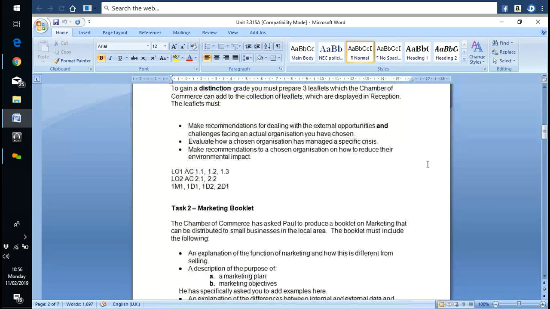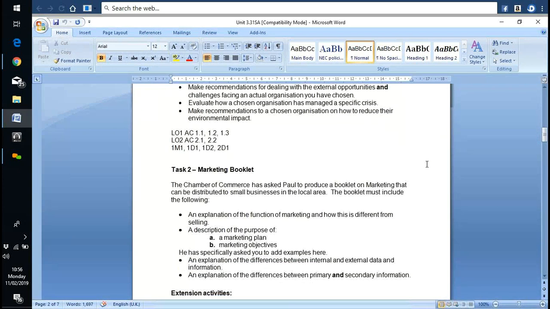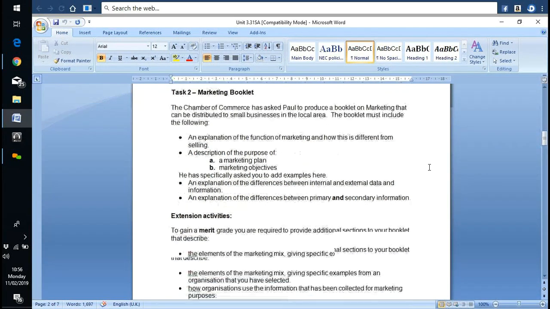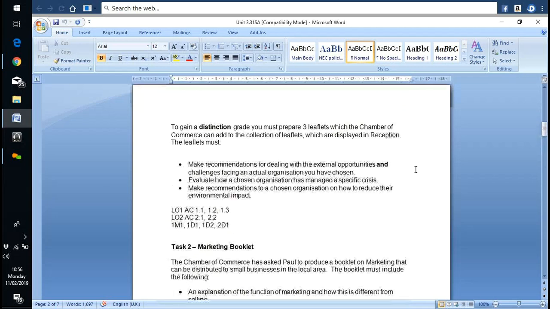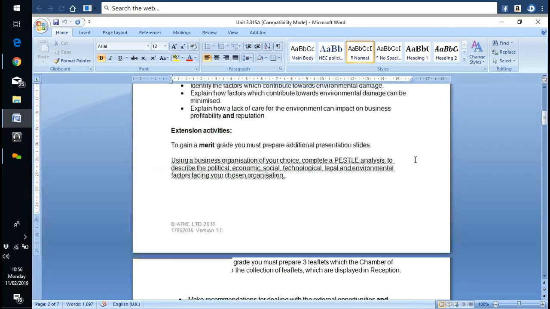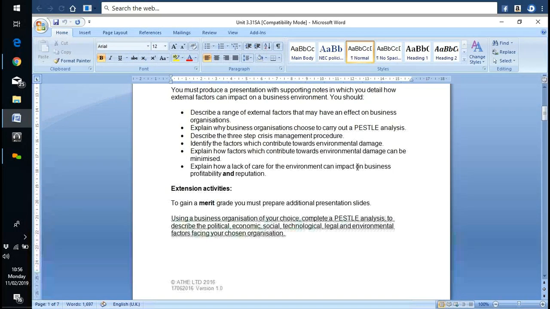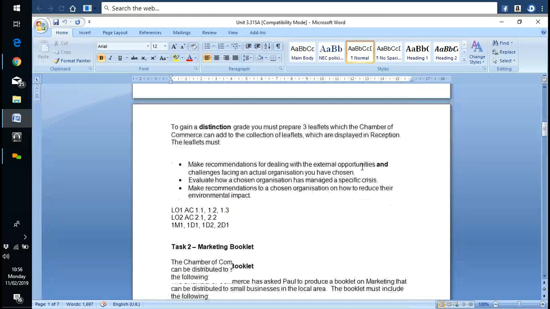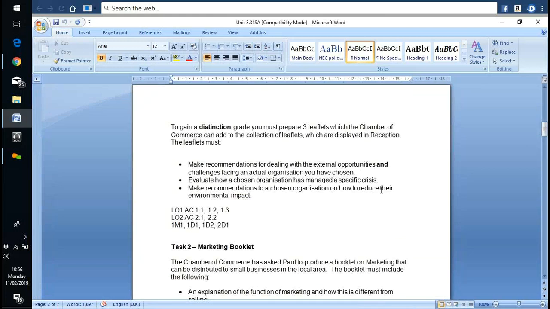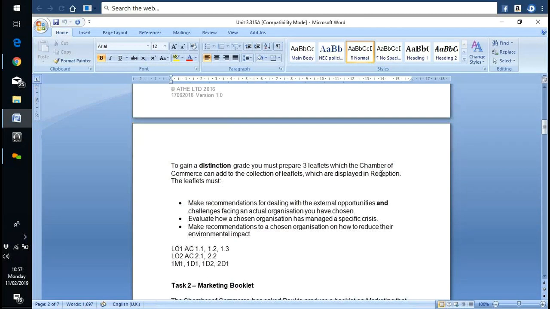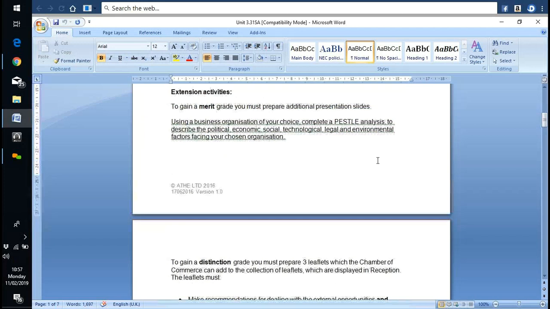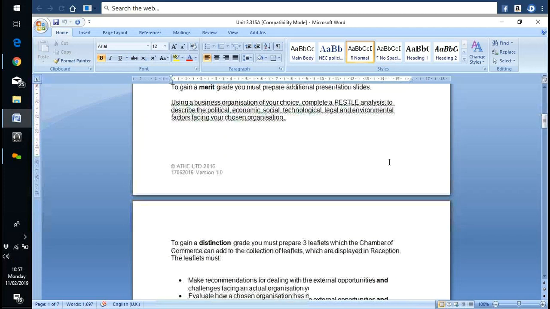What I want to go back to now, just before we look at that, is the marketing booklet. You're quite happy with finishing off the extensions for the first task, yeah? I missed that response.